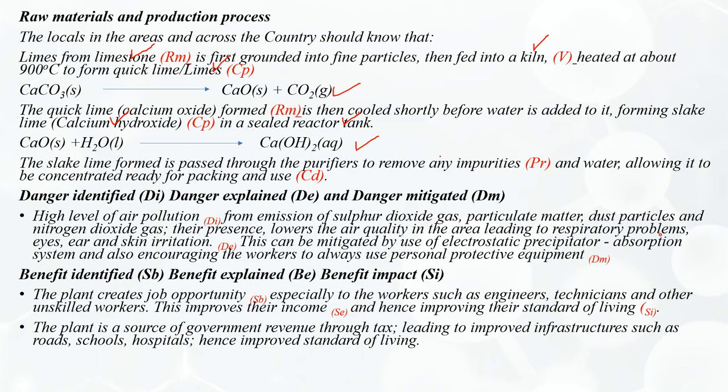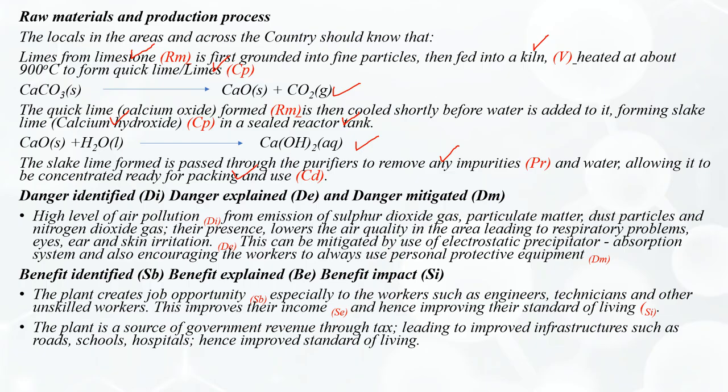You see, that is the purification process, allowing it to be concentrated, ready for packing and use. That is conversion to the desired product. You see that we have applied all that we have been talking about: the raw materials, the vessels, chemical processes, and then purification, and then conversion to the desired product.